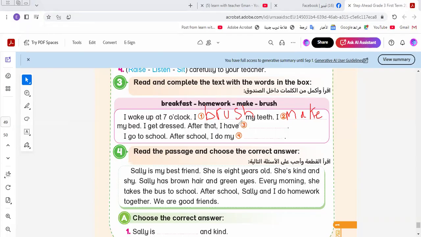When we use have, as we know, have is followed by what? Without thinking, by a meal, breakfast. I have breakfast. Another one: after school, I do what? I do my homework.